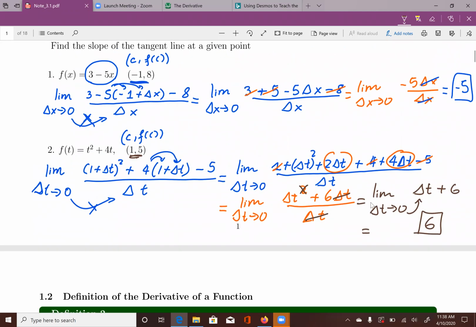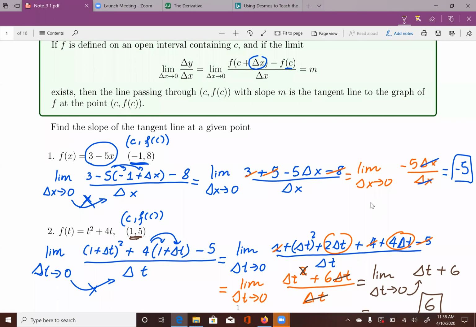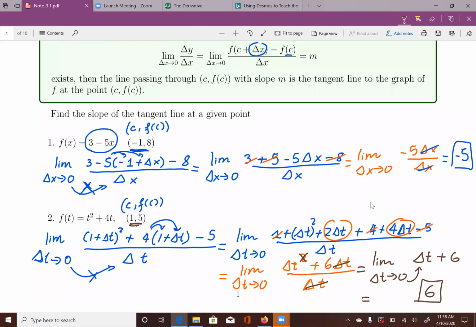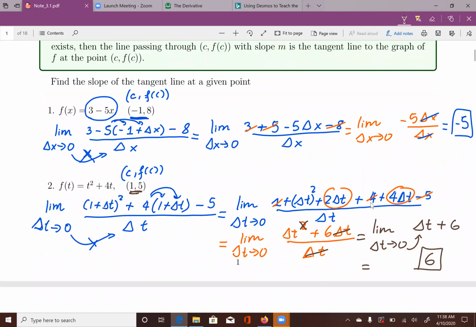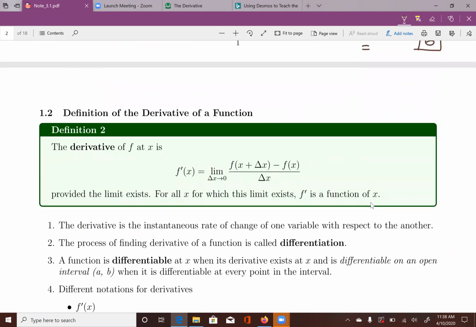Now that we just talked about how to find the slope of the tangent line at a given point, if you ask for a slope, you will have to give a number, right? But in case we want to find the slope of the tangent lines at any point for any given function, how can we find that slope?